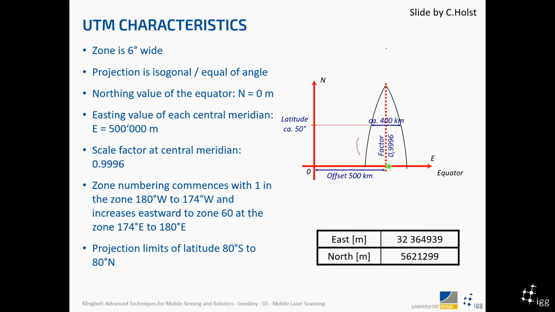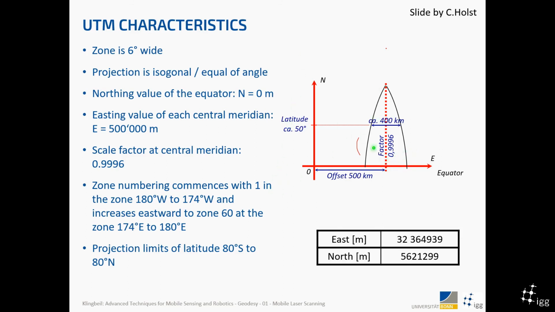So if you have an x value of 500 kilometers in a UTM coordinate, then you know you are exactly in the middle of the zone, on the central meridian.